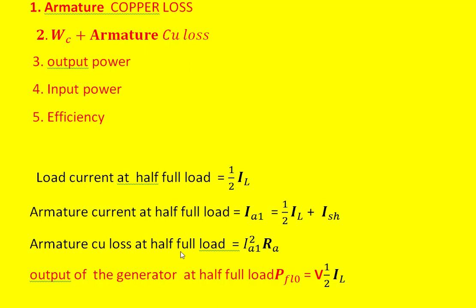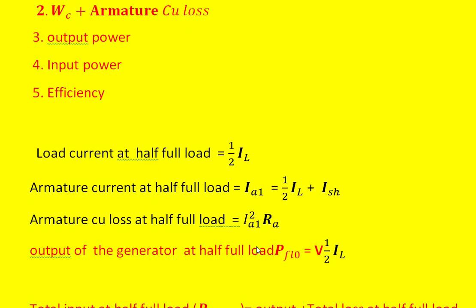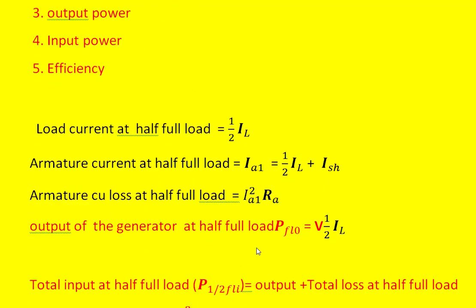So we know the armature copper loss at half full load, and we already know the constant loss of the DC machine from the Swinburne test. So we can write the output power of the generator at half full load, P half FLO, is equal to half into V into IL, or V into half IL.